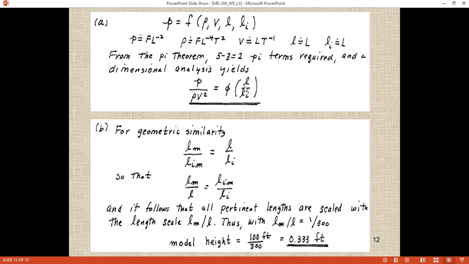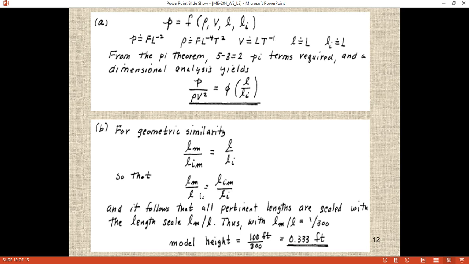We took this pi 2 and wrote it in the form of model and prototype, so the ratio is given as 1:300, Lm over L. This is the model height and this is the prototype height, the characteristic length of the model and of the prototype. It follows that all pertinent lengths are scaled with the length scale Lm over L, which is given as 1:300.